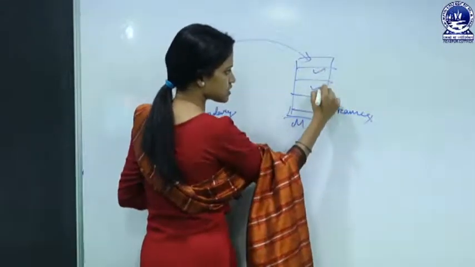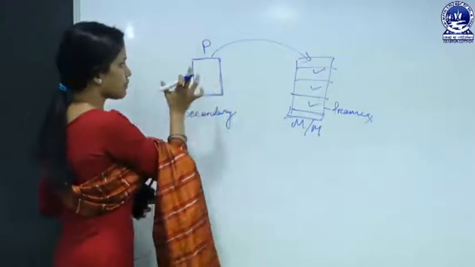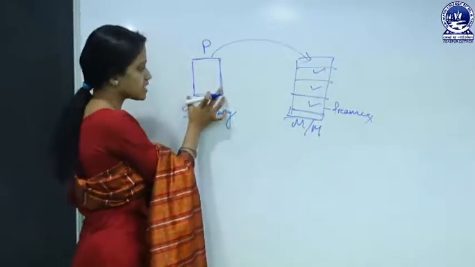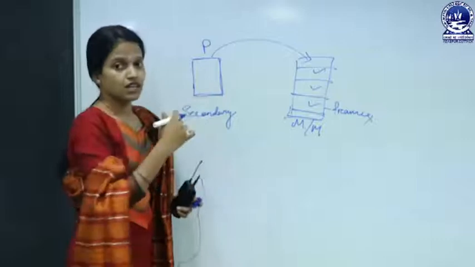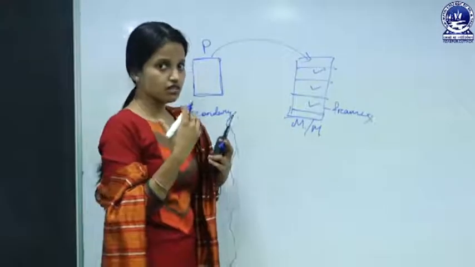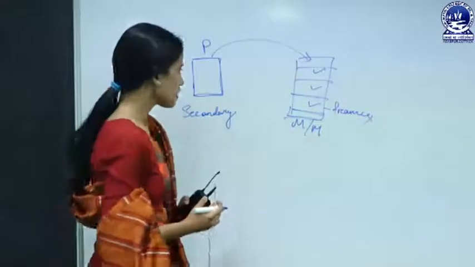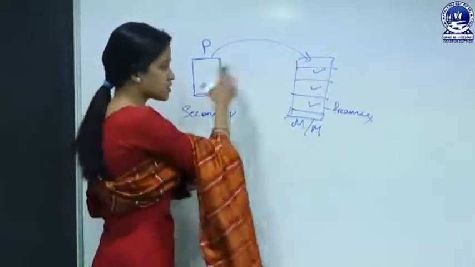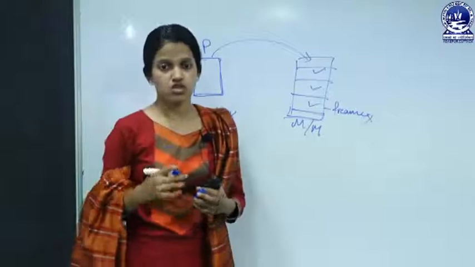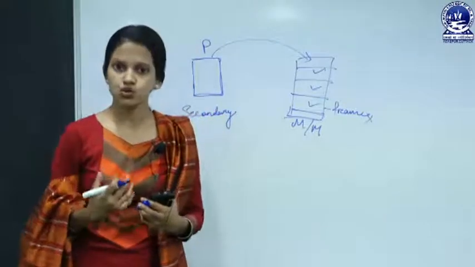If a process comes and its size is very large compared to this main memory, what will happen? We cannot put this process into the main memory at a time. So what will the operating system do?